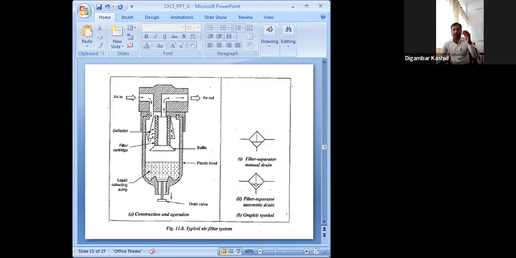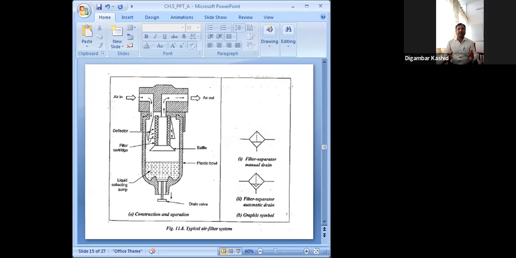Due to that swirling motion, the moisture and heavier particles are forced to fall down into this compartment. Getting it?